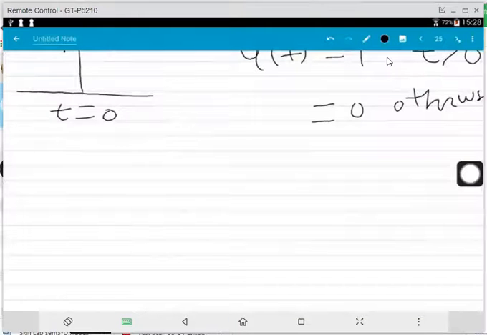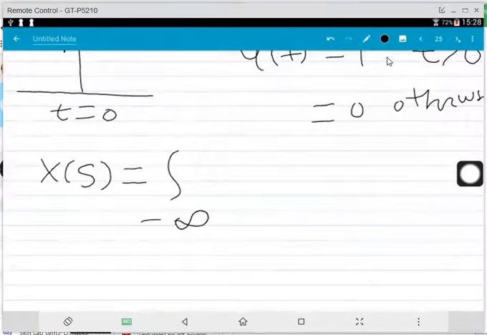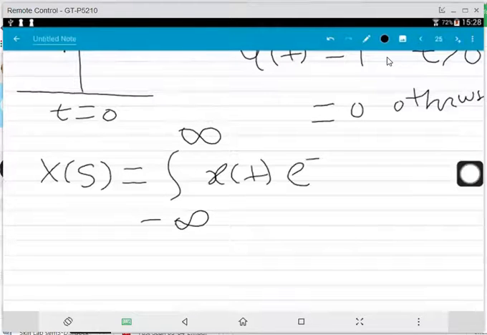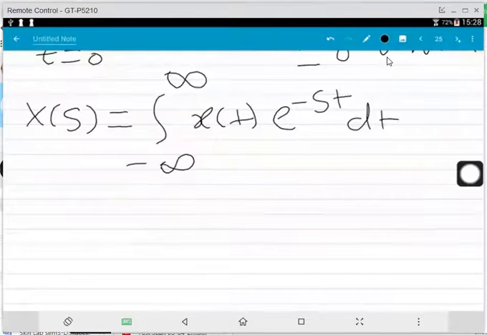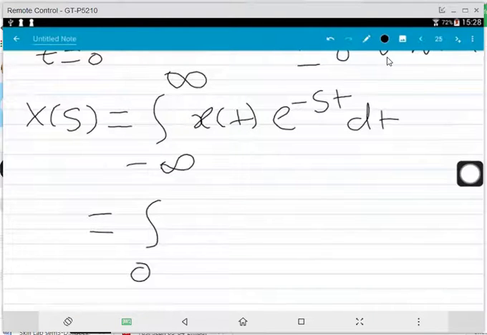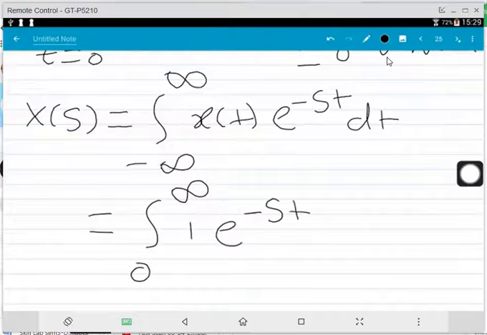Now we have to write the formula of Laplace transform. X of s is equal to the integral from minus infinity to infinity of x of t e to the power minus st into dt. Now we have to put the value of x of t, that is equal to 1 from 0 to infinity, e to the power minus st into dt.